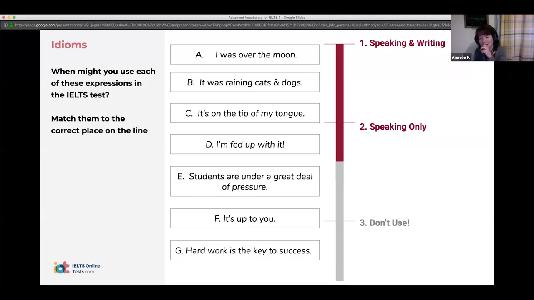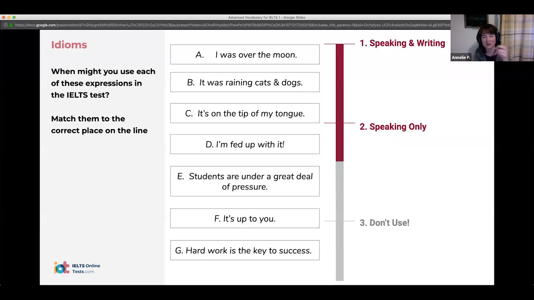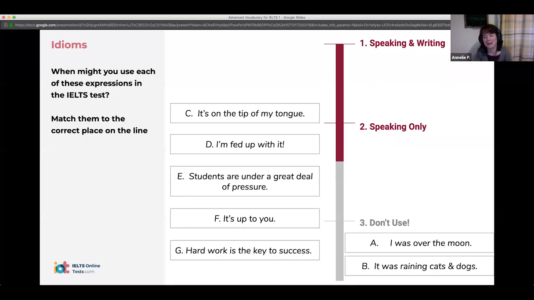We've got a whole range of things coming up here. Oh, yeah, sorry. So E and G, I would say. What works for speaking only? Yeah, C, D, F we've got there. Which ones, you're not gonna like this, which ones would you not use or should you not use? Yeah, A and B, somebody got both of them there.